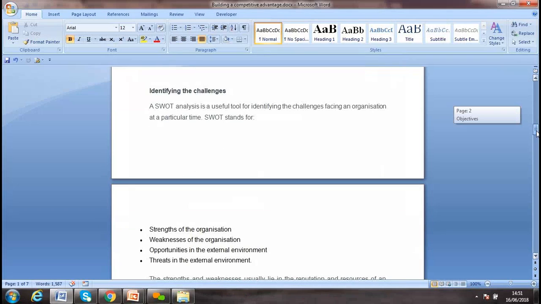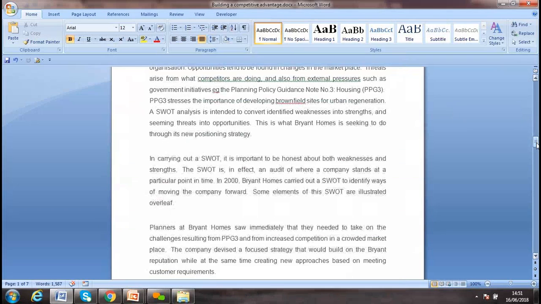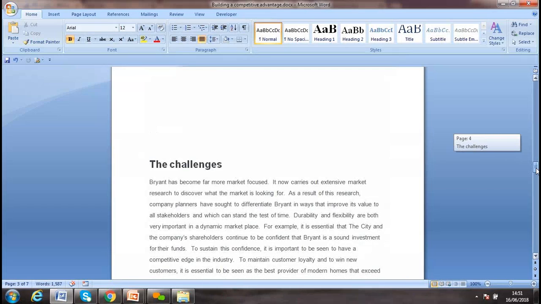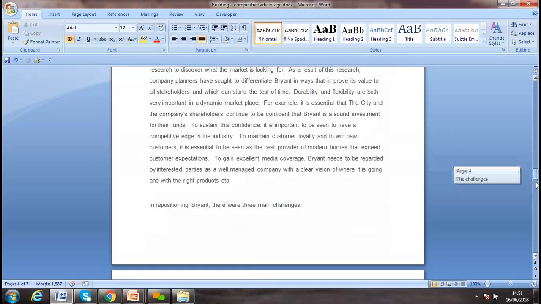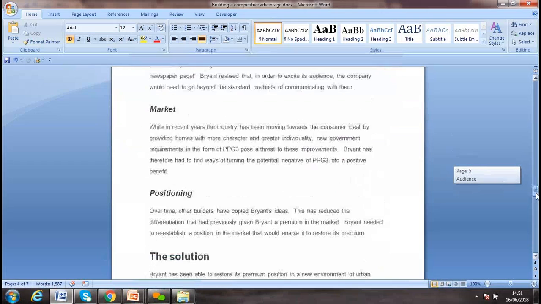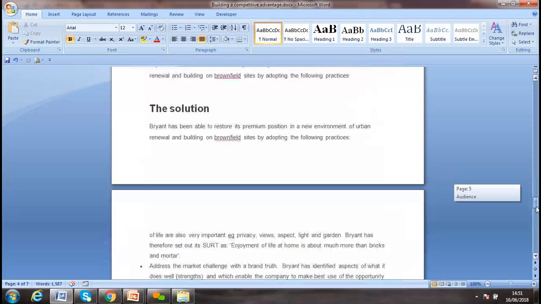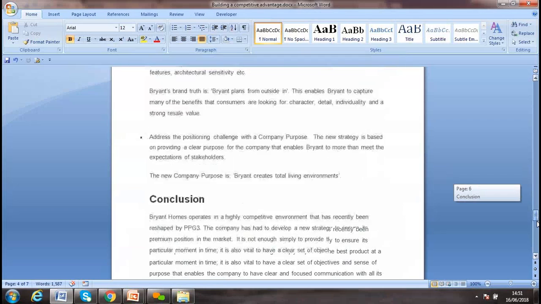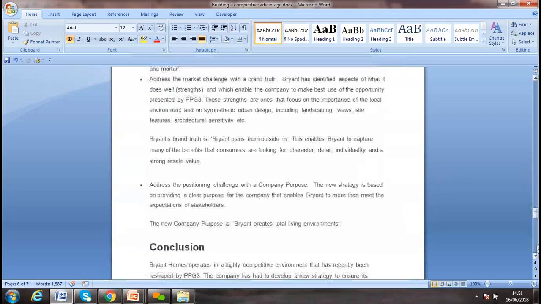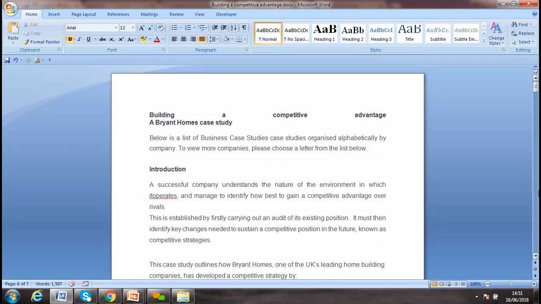They use SWOT analysis for it, and then look at the challenges for them and how they address them: audience, market, positioning, the solutions. They draw the conclusion on how effectively they achieved it. So that's a good case study to read.